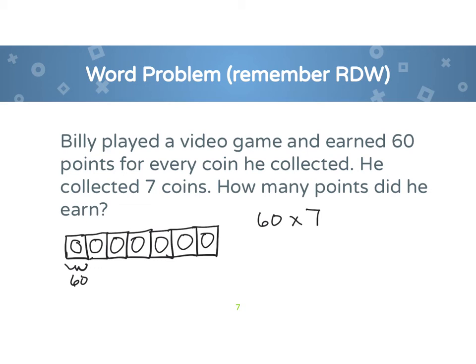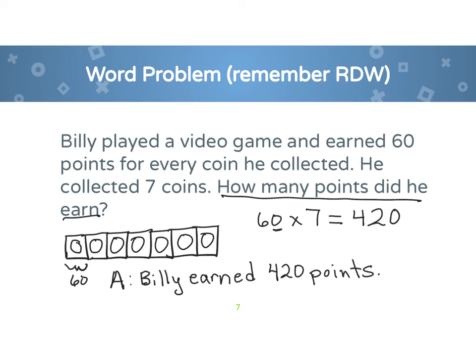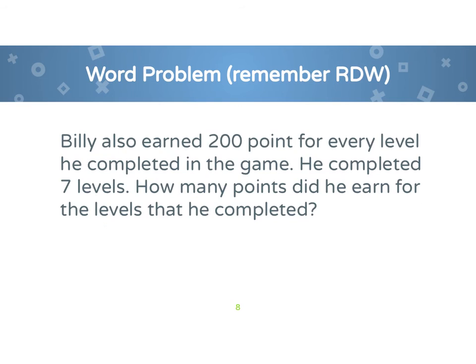So if you think about this, we have 6 times 7, which would be 42, and this shows me that I had 6 tens, so 42 tens, but 420 what? Let's go back to our question. How many points did he earn? So I would write my answer sentence this way. Billy earned 420 points.